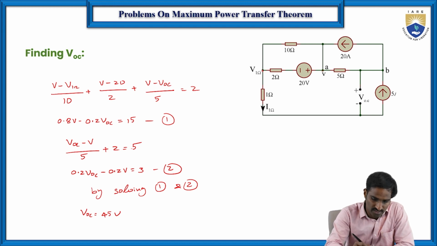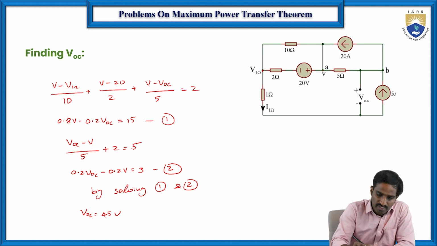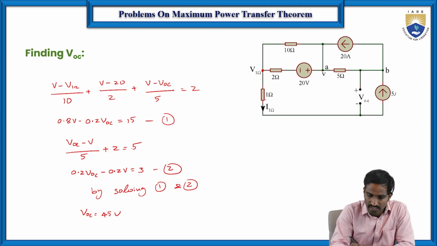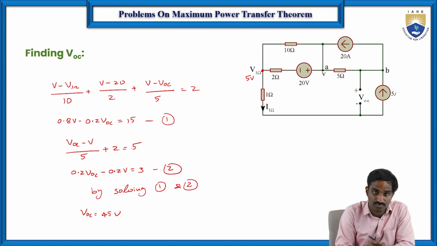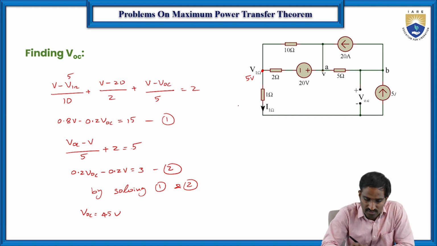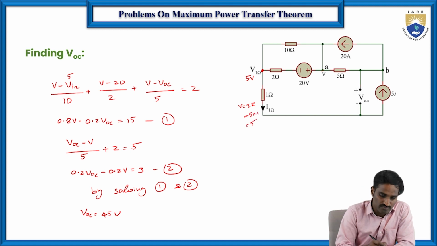V1 means 1 volt, and the current is already known to be 5 amperes. So instead of 1 we can substitute directly 5, because V is equal to I into R, and the same 5 amperes is flowing, so 5 into 1 is 5. So directly you can write it as 5 also. There is no issue.